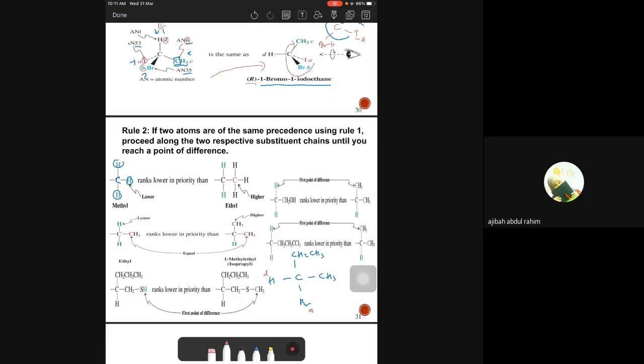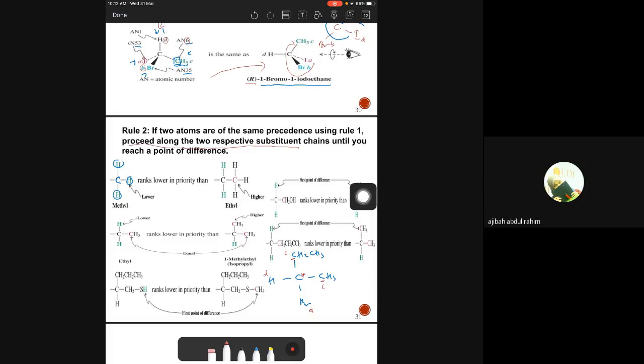But between these two, the atom directly bonded to the chiral carbon, or chiral center, is carbon as well, C and C. These two C have the same atomic number, which is 6. So which of these two are you going to select as B, having the second highest priority? Once you find a situation like this, proceed along the two respective substituent chains until you reach a point of difference.